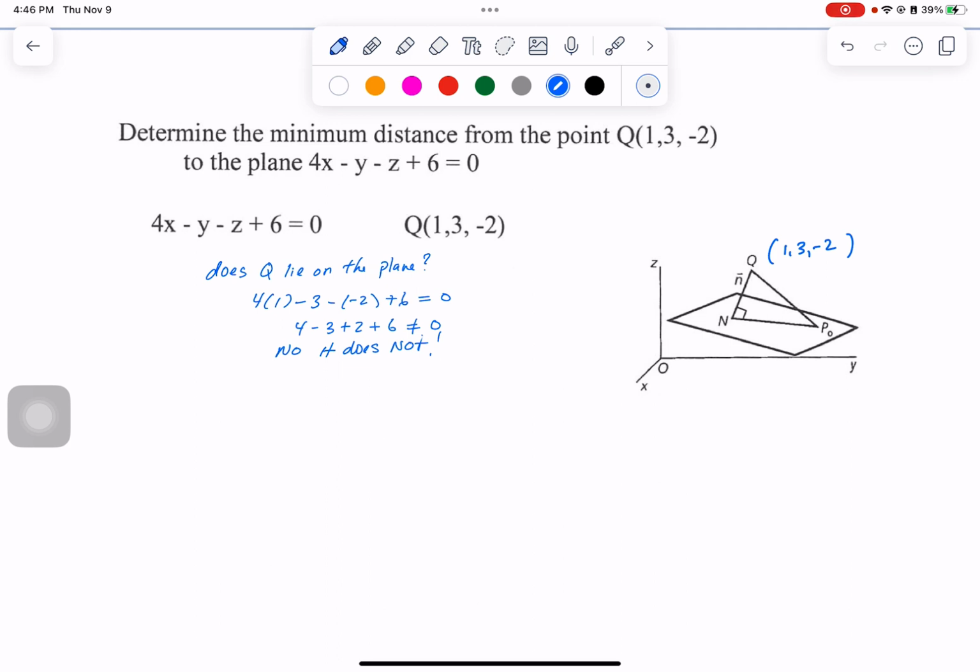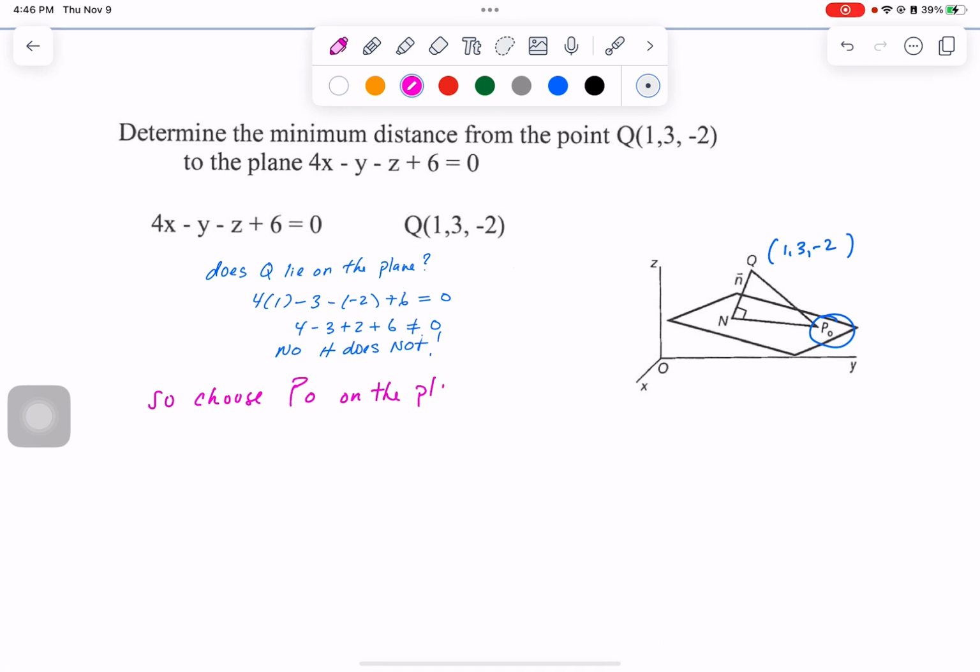And I need a point P. It doesn't matter what point. I really couldn't care less what point on the plane I use. I just need a point on the plane. So choose P naught on the plane. It sounds like peanuts, but it's P naught.